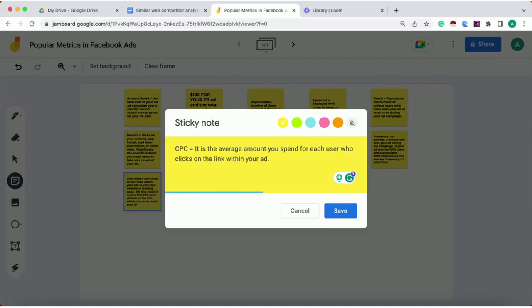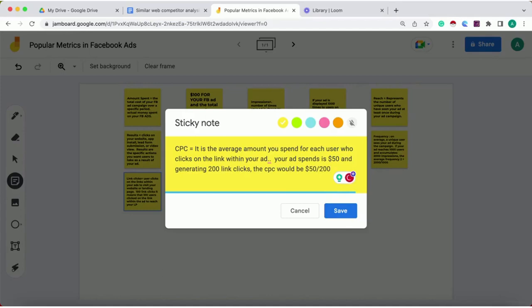Let's understand this with an example. If your ad spend is $50 and it is generating 200 link clicks, the CPC would be $50 divided by 200.